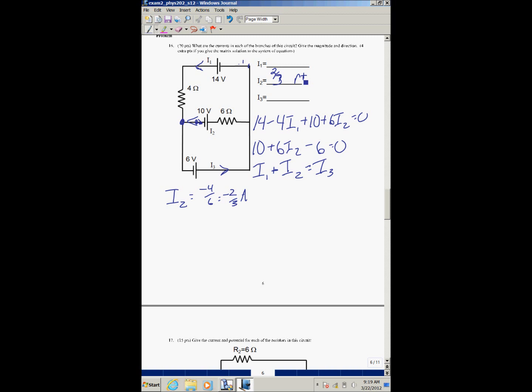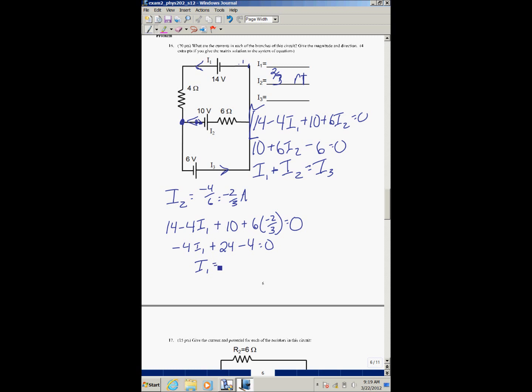Alright, so now that I know I2, I can take equation 1 and solve for I1. So I get 14 minus 4I1 plus 10 plus 6 times negative 2/3 equals 0. So let's see, this is negative 4I1 plus 24 minus 4 equals 0.